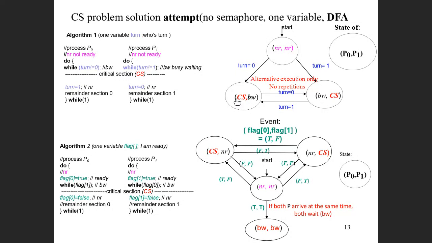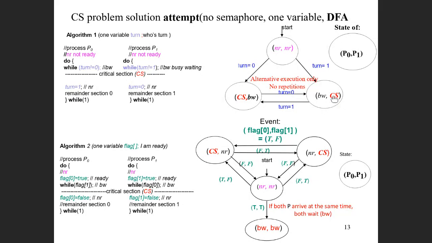If you are in the state CSBW, which means P0 is being executed, the only arrow which allows you to leave the state and continue working on the whole software, we have to wait until turn is equal 0, because the only arrow leading from CSBW to BWCS is turn equals 0, and vice versa.